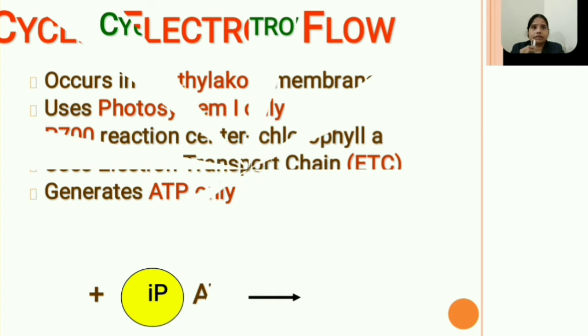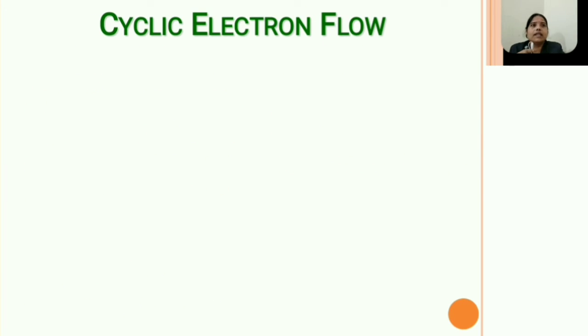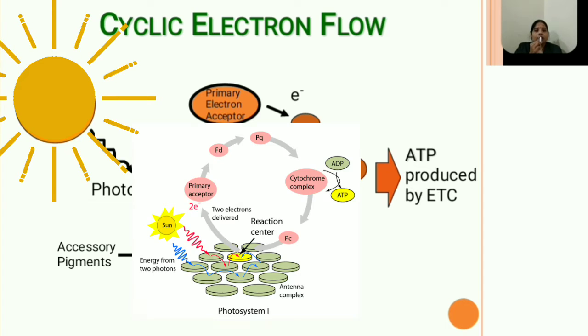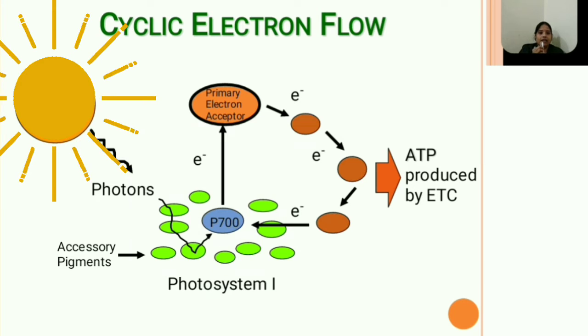Okay, so first the cyclic form. Here photophosphorylation takes place; the first way is known as the cyclic. Only photosystem 1 is present here.